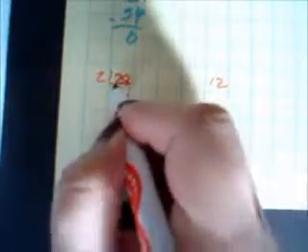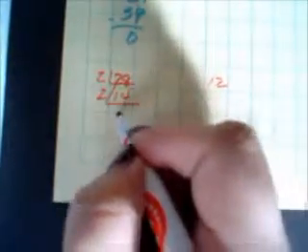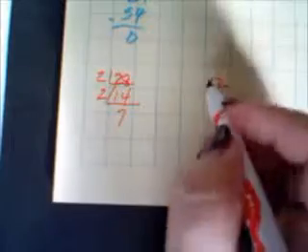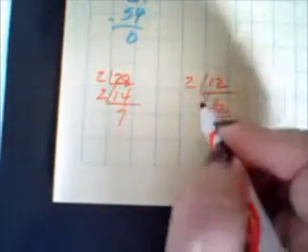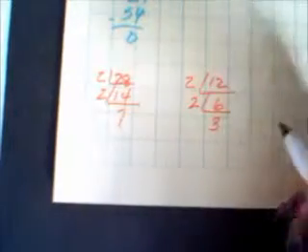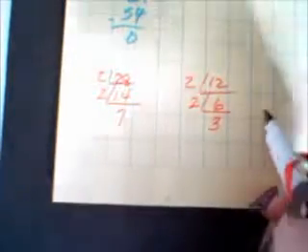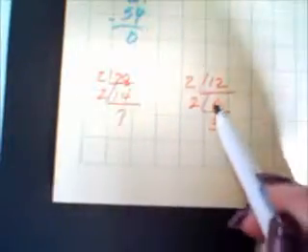Okay, dividing 28. Divide by 2. And 2 goes in there 14 times. 2 goes into 14 7 times. So we're done. 12. 2 goes into 12 6 times. 2 goes into 6 3 times. Okay, so we're finished.